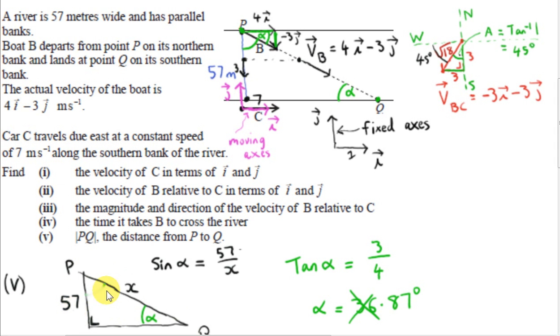The sine of alpha is opposite over hypotenuse. Now to get x, we just interchange these two. So x is 57 divided by the sine of alpha. How do we get the sine of alpha without getting alpha? Well, the tan of alpha is 3/4. So what we can do is construct a right angle triangle containing angle alpha.